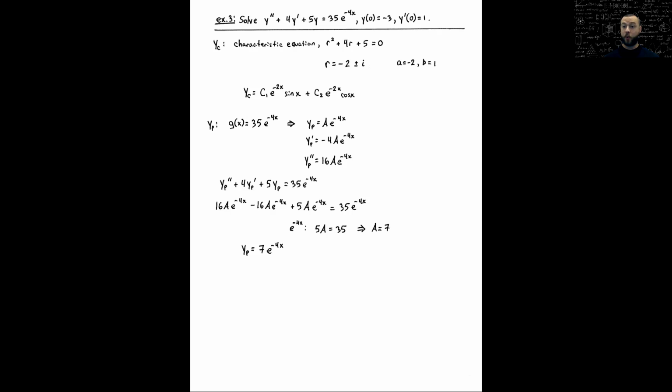Now, how we equate coefficients here is we're going to equate coefficients on both sides, where the like term is the exponential function e to the -4x. So if we do that, we get this simple equation, 5A equals 35, which we can easily solve to get A as 7. All right, so we get our particular solution, yp, as 7 times e to the -4x.